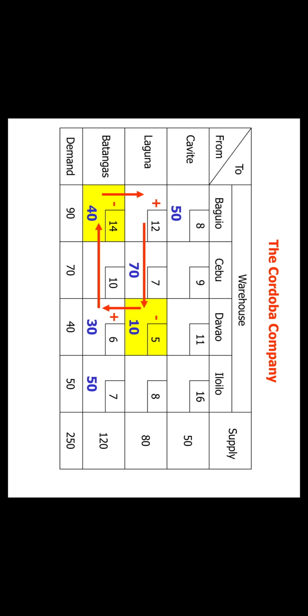The used cell with the cost of 14 would now be 40 minus 10, or 30 in the next tableau. The used cell with the cost of 6 would be 30 plus 10, or equal to 40 in the next tableau. And the used cell with the cost of 5, where we find the current value that we've been adding and subtracting, would become blank in the next tableau.